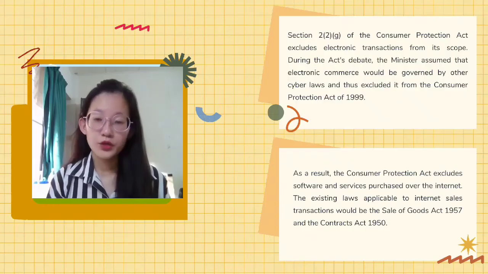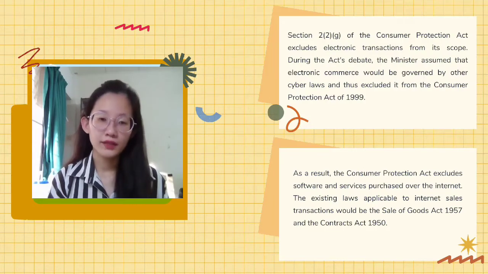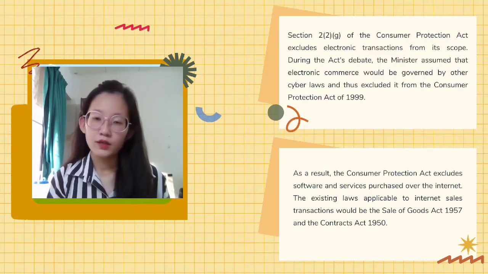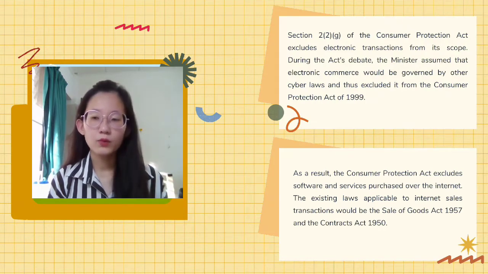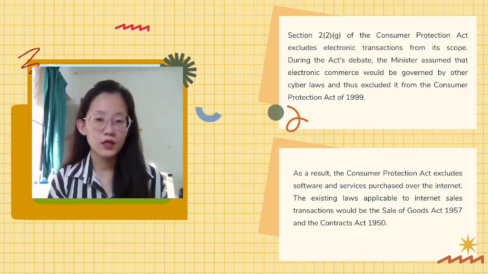Section 22G of the Consumer Protection Act 1999 excludes electronic transactions from its scope. During the debate, the minister assumed that electronic commerce would be governed by other cyber laws, thus excluding it from the Consumer Protection Act 1999.